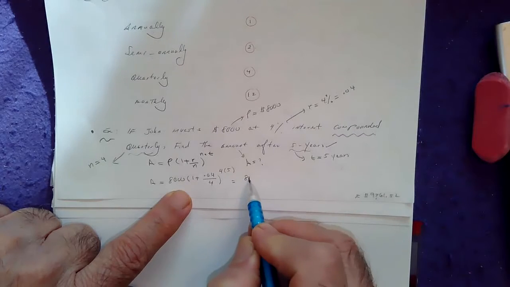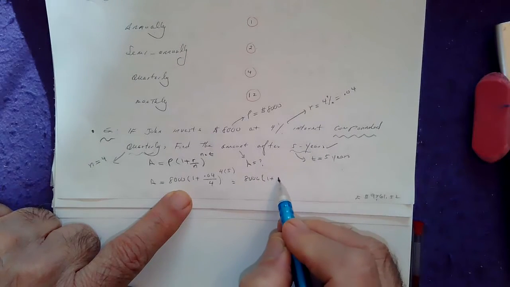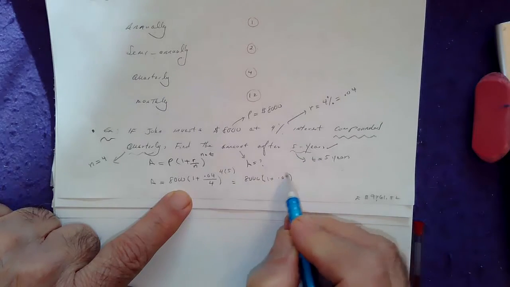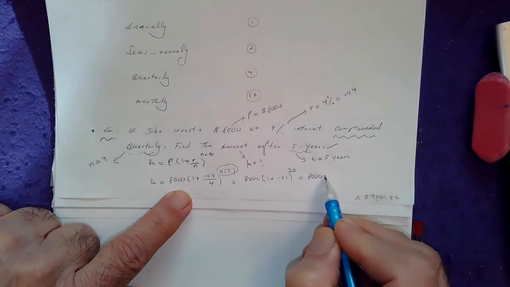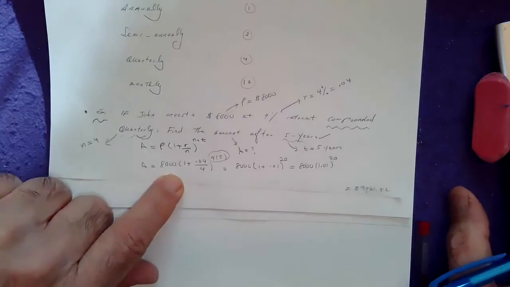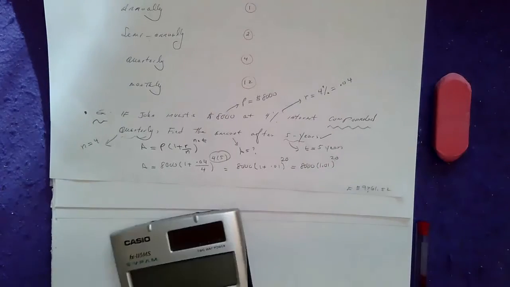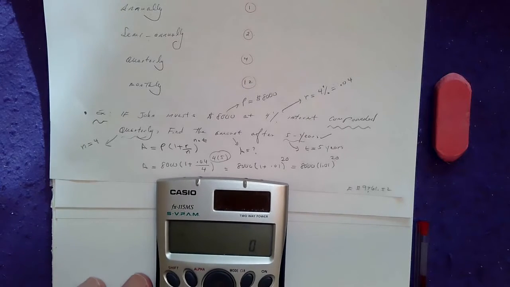So how do you do this? Well, you go 8,000 times 1 plus 0.01, and 4 times 5 is 20. So this should be 8,000 times 1.01 to the power of 20.